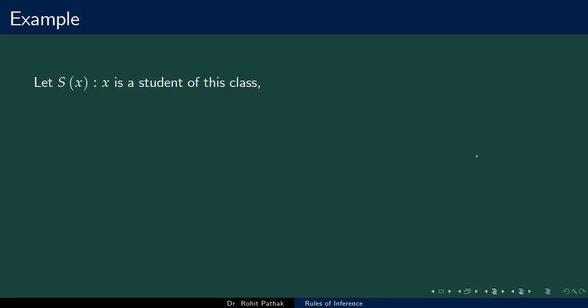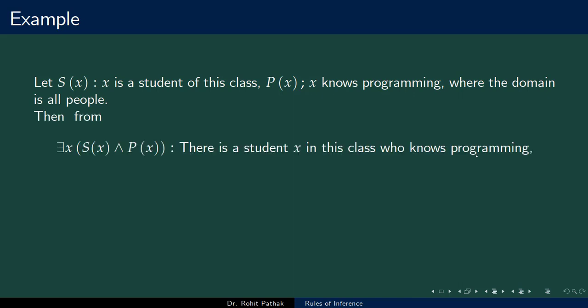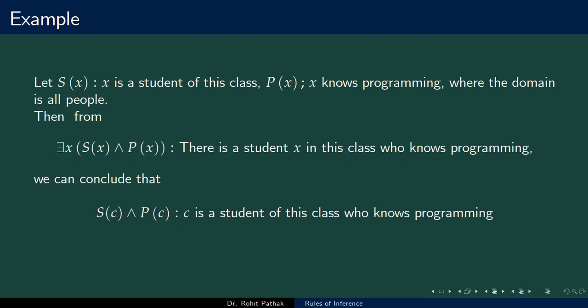For example, let S(x), x is a student of this class, and P(x), x knows programming, where the domain is all people. Then from the premise ∃x, S(x) and P(x), there is a student x in this class who knows programming, we can conclude that S(c) and P(c), where c is some particular student of this class who knows programming.